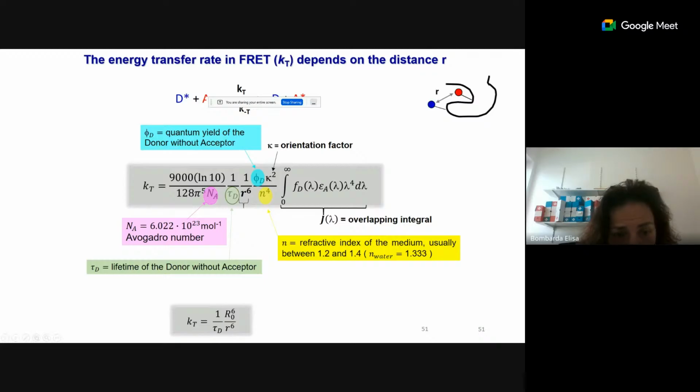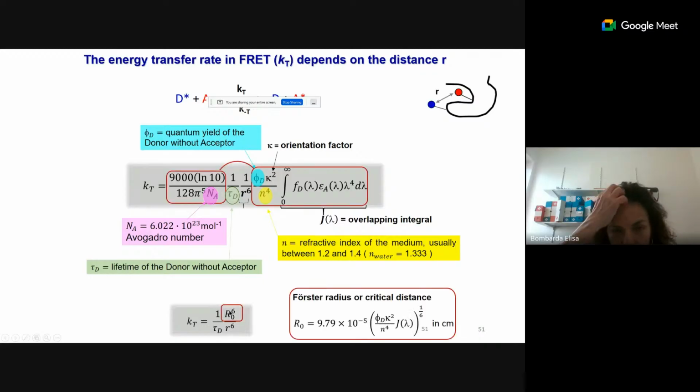Okay, so once we have KT, we can rewrite this complex expression in a more compact form, where you recognize some elements, in particular tau D and R, and all the rest is included in R0, as I've indicated here, which is called the Förster radius or critical distance.